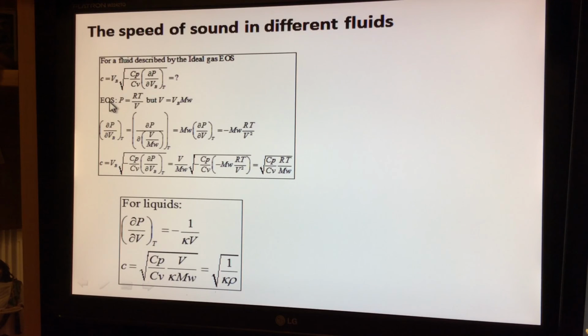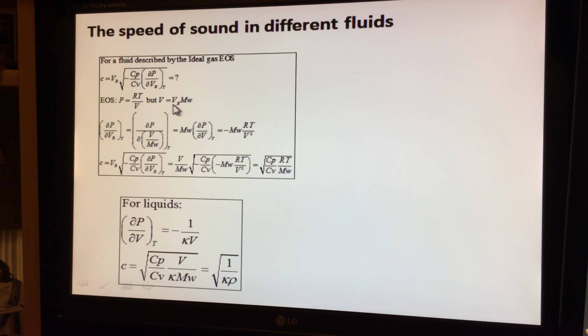Well, the equation of state for an ideal gas is P equals RT over V. But remember, in the ideal gas equation of state, V is the molar volume. In the equation for the speed of sound, what we have is the specific volume. So what we need to do is find a relationship between the molar volume and the specific volume, and that can be related easily through the molecular weight.